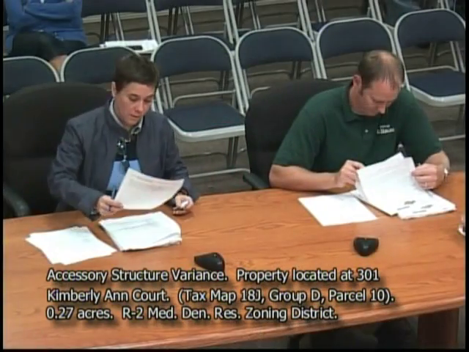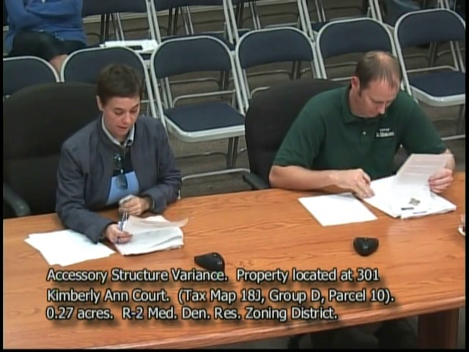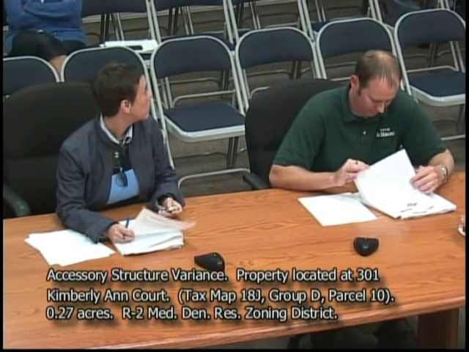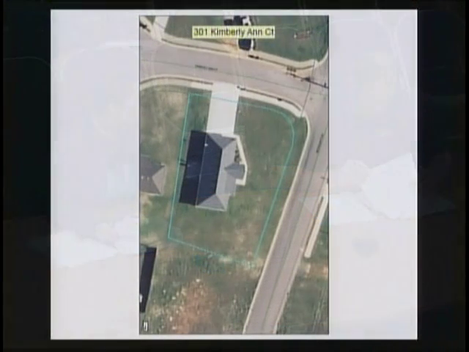Thank you, Mr. Chairman. Mr. Wright is here to ask for a variance to allow him to place a swimming pool in his side yard. He has the property at 301 Kimberly Ann. As you can see, it is a corner lot located at the intersection of Kimberly Ann and Moonlight Drive.